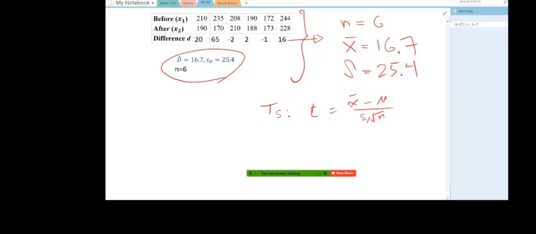Now mu is given, whatever the number is. In the case of the differences, we are assuming the difference, or mu in this case, is 0. It comes from H0. When we did the test of hypothesis for this part, mu was given, whatever the number was. It wasn't 0 always. But in this case, it is the difference between the two.